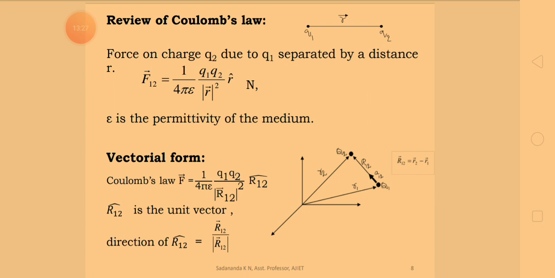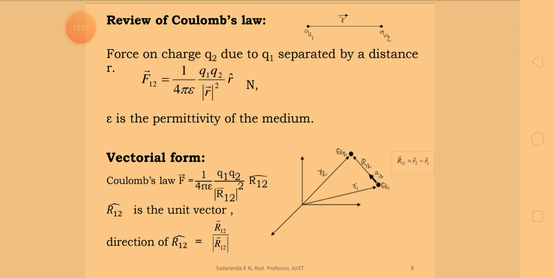And what is the vector form of Coulomb's law? To represent the vector form of Coulomb's law, consider two charges, say Q1 and Q2, which are at a distance r1 and r2 from the origin, in the coordinate system shown in the slide as well.